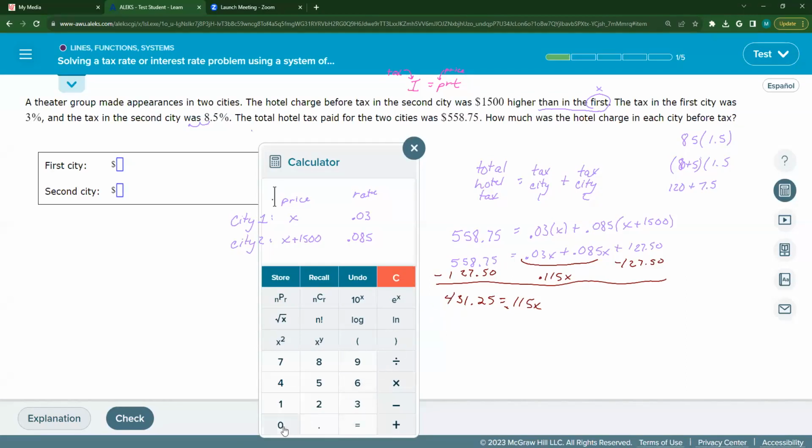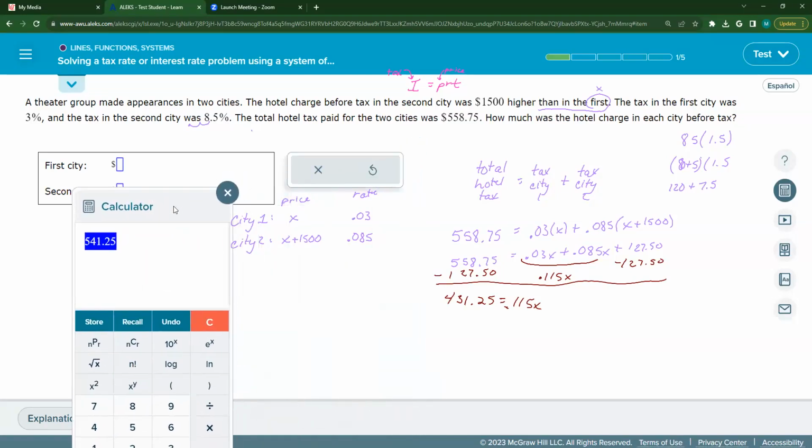So 0.085 times 127.50. So 558.75 minus 127.50. That doesn't look right. All right, let me double check.